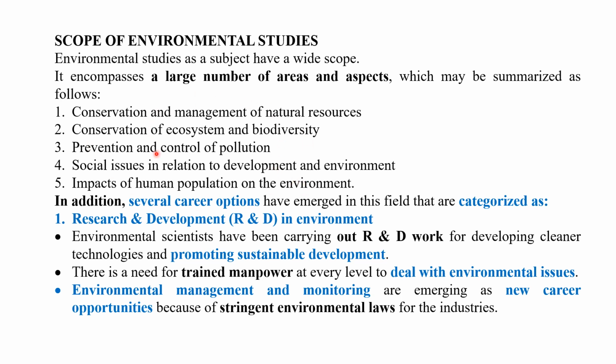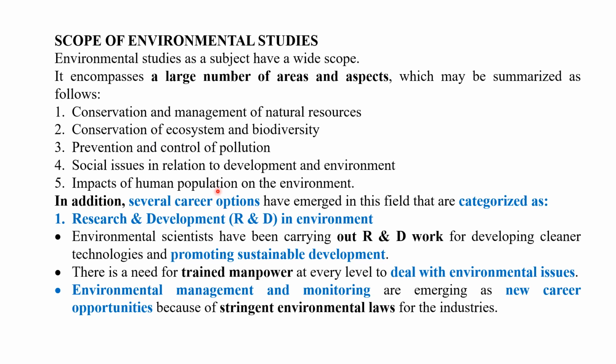So these areas can be considered from the research point of view, or can be worked on to minimize the environmental pollution, to conserve the resources, and to prevent the pollution. This comes under the scope of environmental studies.